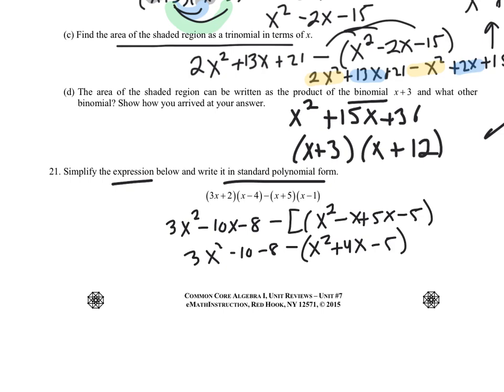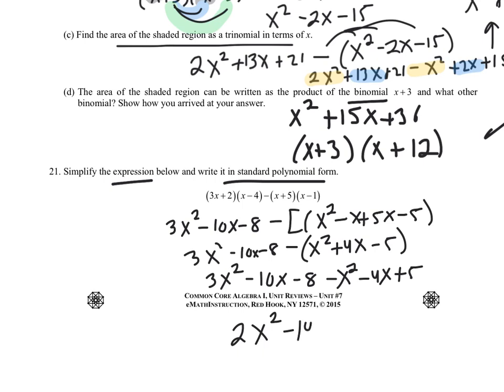And then when we subtract them, we distribute that negative to be 3x squared minus 10x, oh, there's a 10x, minus 8 minus x squared minus 4x plus 5, after distributing the negative, to finally get, once we combine like terms, 2x squared minus 14x minus 3. All right.